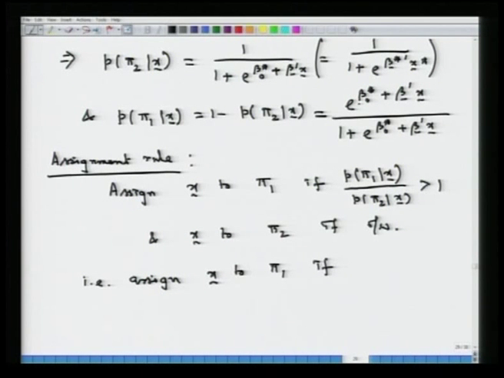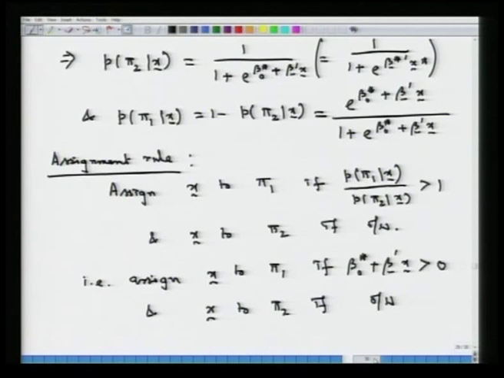So, it is going to be e to the power beta naught star plus beta prime x that is greater than 1, or in other words, the rule is given by beta naught star plus beta prime x greater than log of 1, which is 0, and x to pi 2 otherwise. That is, in a simple manner, it just depends on these unknown quantities, p plus 1 of them: beta naught star and the p quantities in this beta vector.